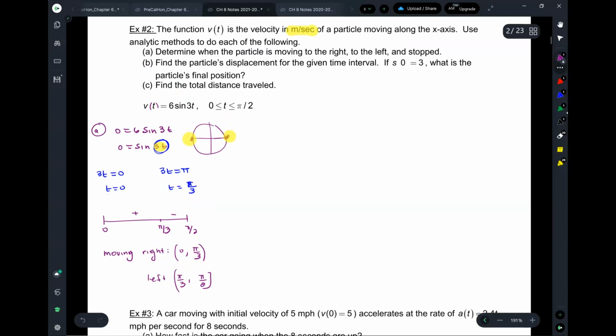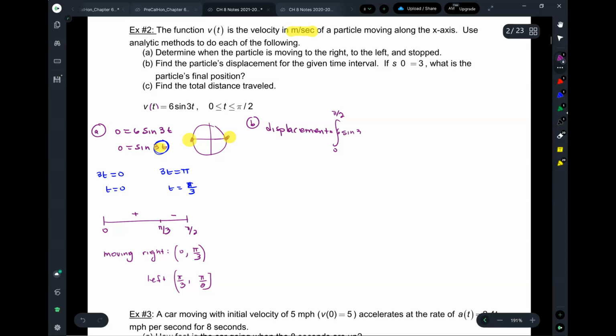Okay, B. Determine the particle's displacement and the final position. So B. Displacement is the integral from 0 to pi over 2 of 6 sine 3t dt. You should be able to do this by hand.